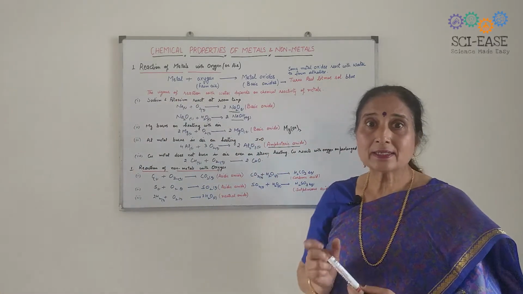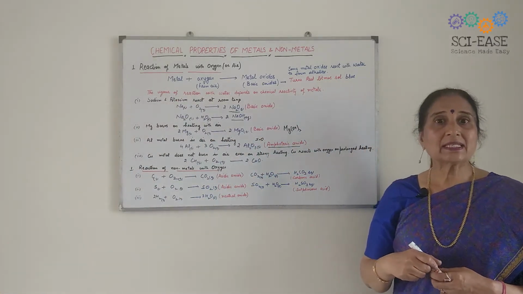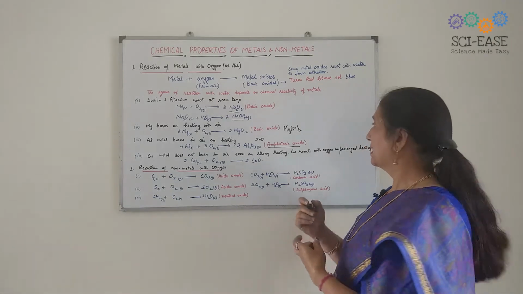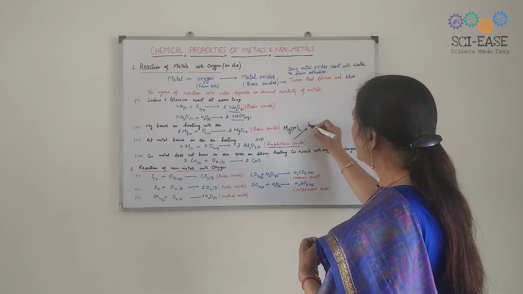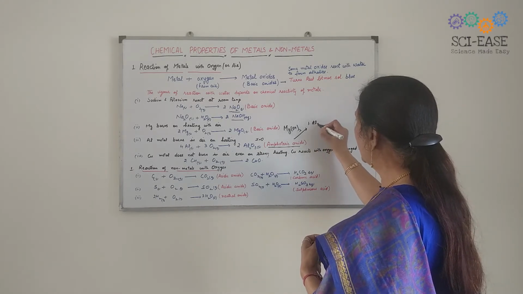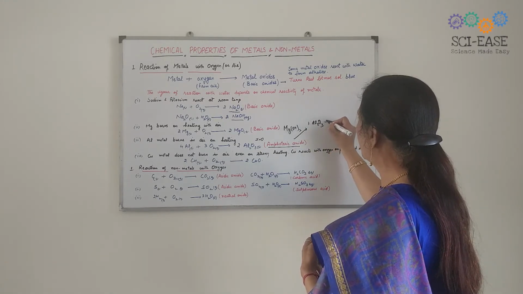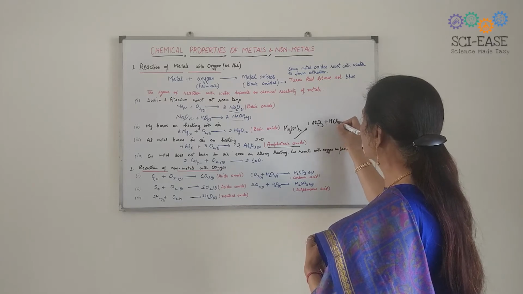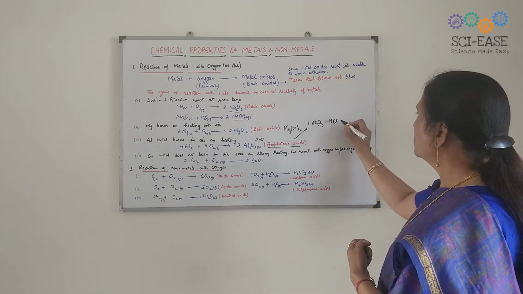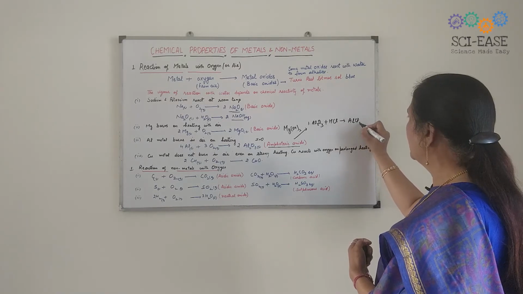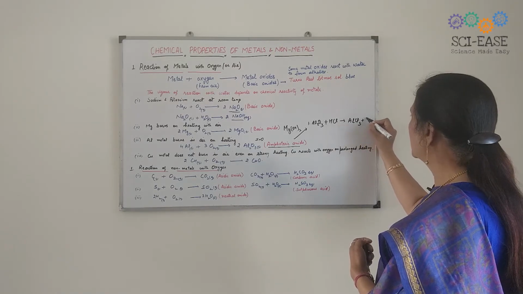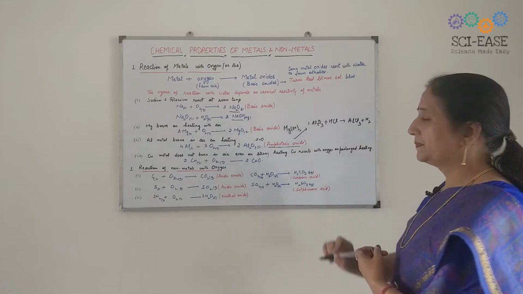Amphoteric oxides can react with acids as well as alkalis. So when the amphoteric oxide, that is Al2O3, reacts with an acid like HCl, this will result in the formation of AlCl3 plus H2.